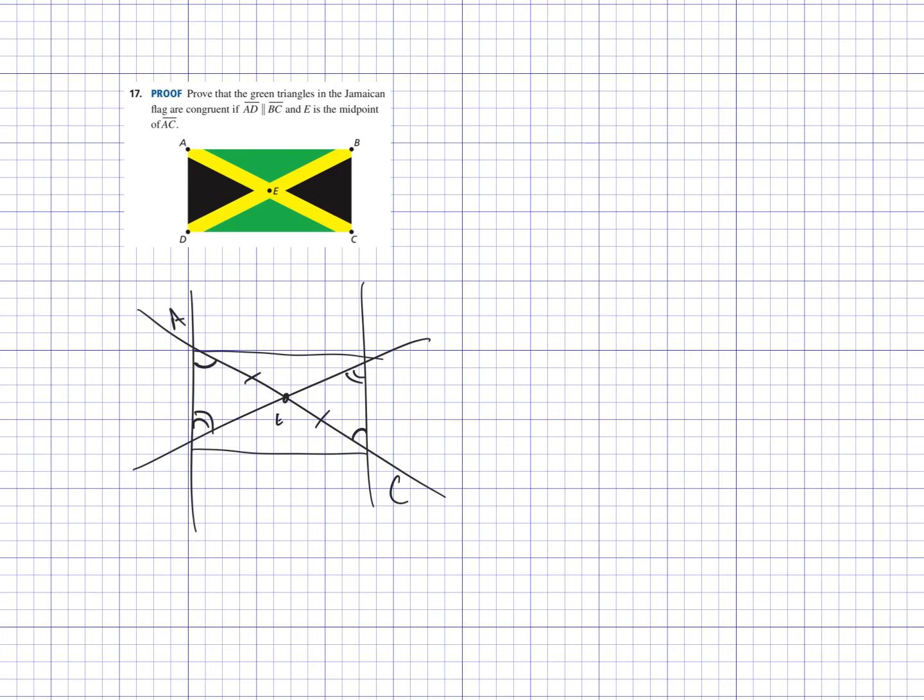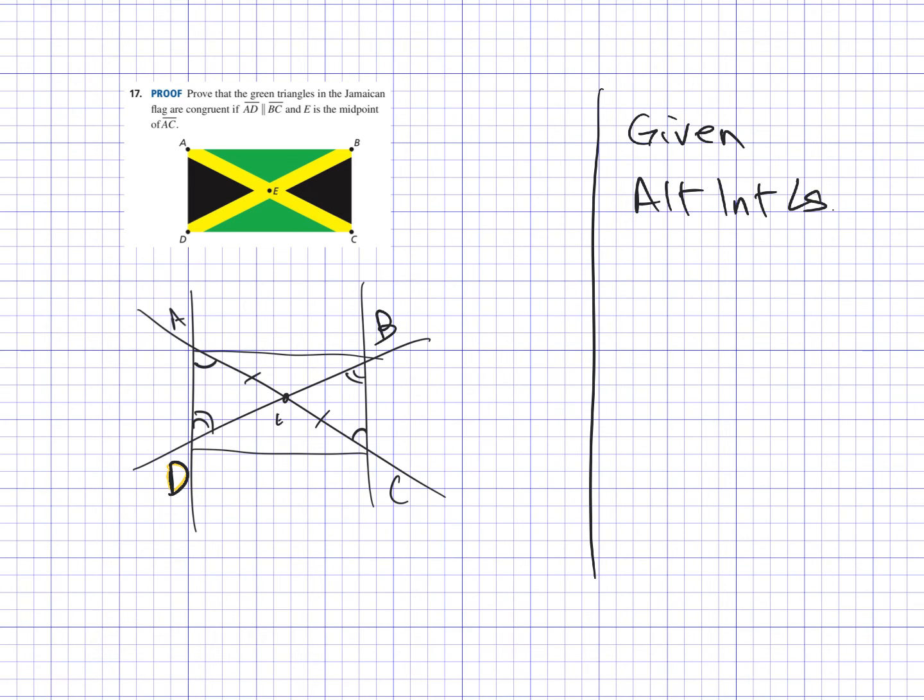All right, so let's go ahead and say everything we just said here. D, B, and C. All right, the given is what they have listed there. And the next thing we're going to say is alternate interior angles, and that would be angle DAE is congruent to angle BCE, and then angle ADE is congruent to angle CBE.